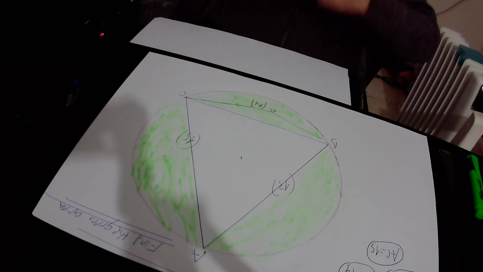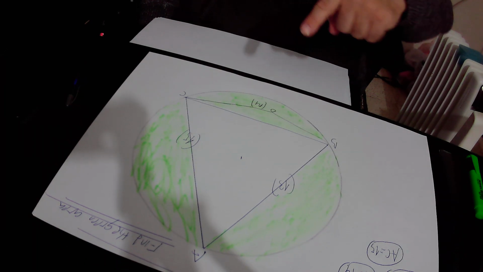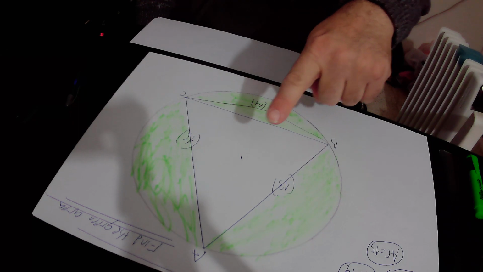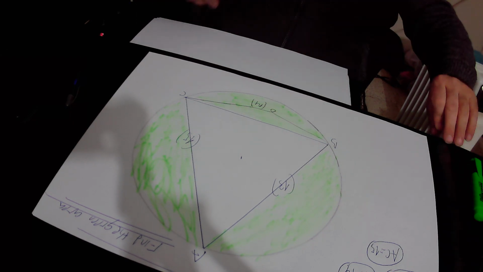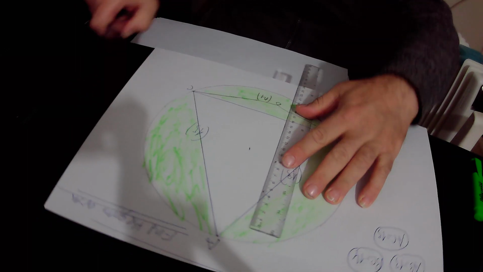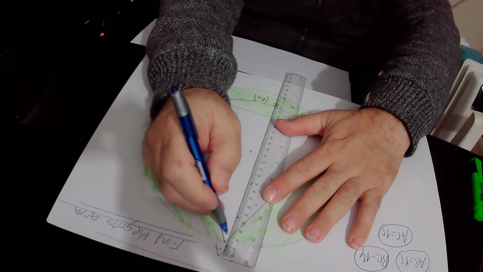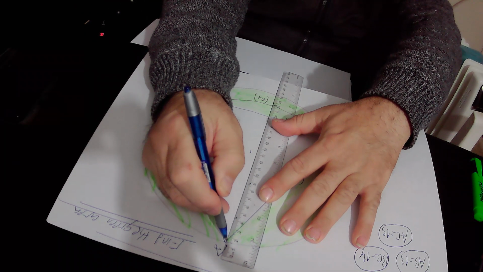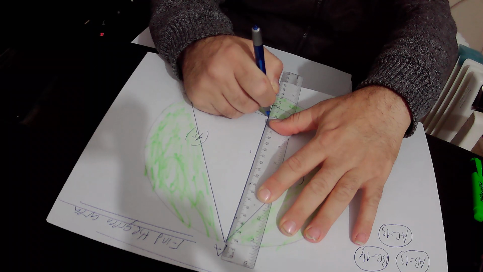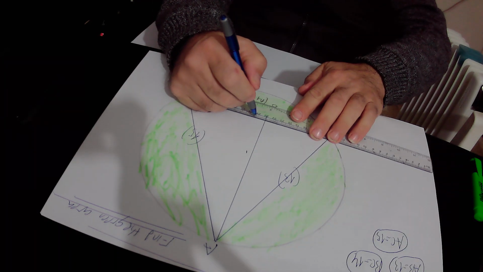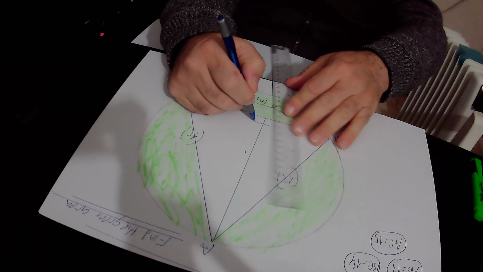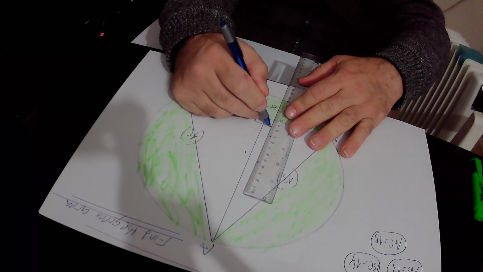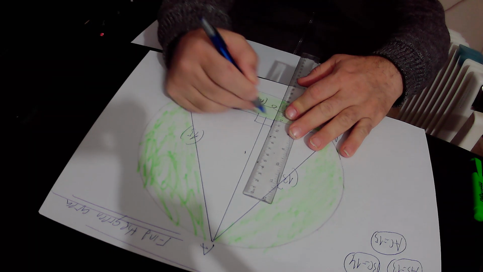In the second method, we'll do a construction: from point A, we draw a perpendicular on BC. So this angle equals 90 degrees, and this angle also equals 90 degrees according to our construction.